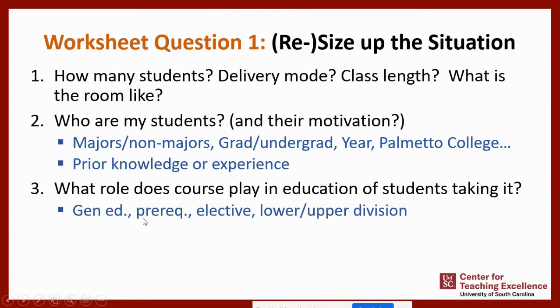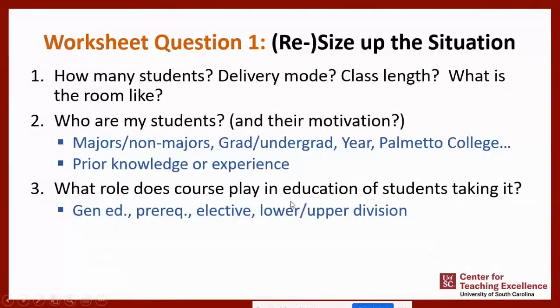As I said, what is the role this course plays? Is it Gen Ed, Carolina Core, which is what we have here, a prerequisite, or an elective, lower or upper division? Even when I teach majors or non-majors honors, this is still something that I factor in. Am I teaching freshmen or seniors or all of them?